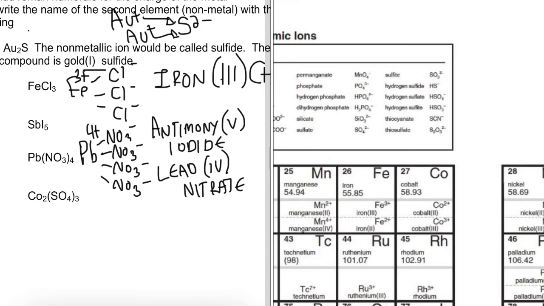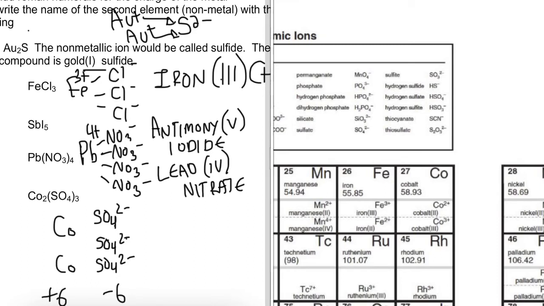This last one here is Co2, not carbon dioxide. It's a little o, so it's actually cobalt, and then SO4 is sulfate. We get a little bit more space to draw this one out, fortunately. So we have 2 cobalts, and then we have 3 SO4s. Cobalt is multivalent, we're not sure, but we know sulfate only carries a 2- charge. So we have 6 negatives, we need 6 positives.